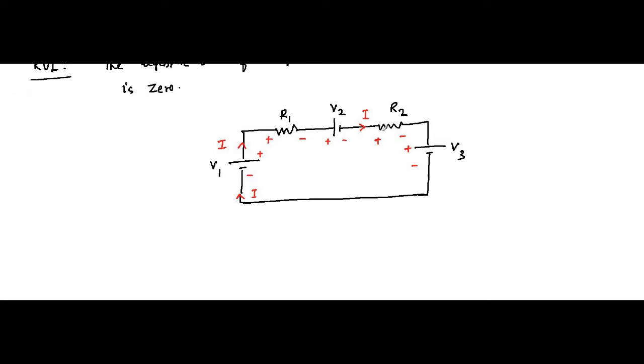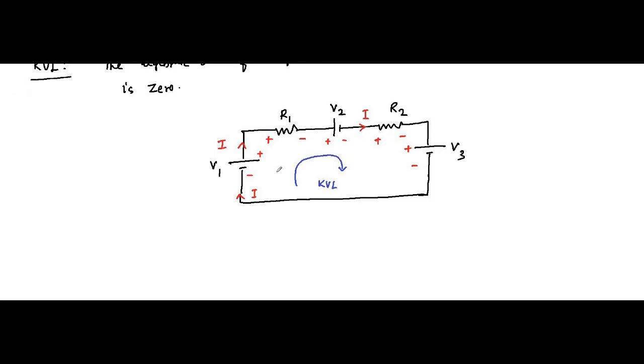Suppose you apply KVL in this direction, in this closed path. While coming across each circuit element, be it a voltage source, a current source, a resistor, inductor, capacitor, whatever, the first sign that you come across is the one you put.